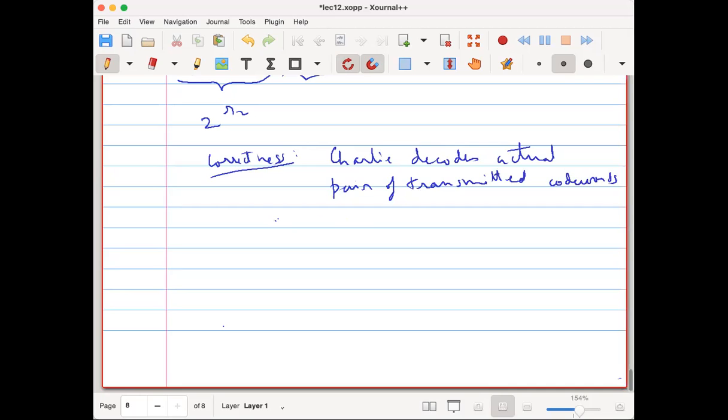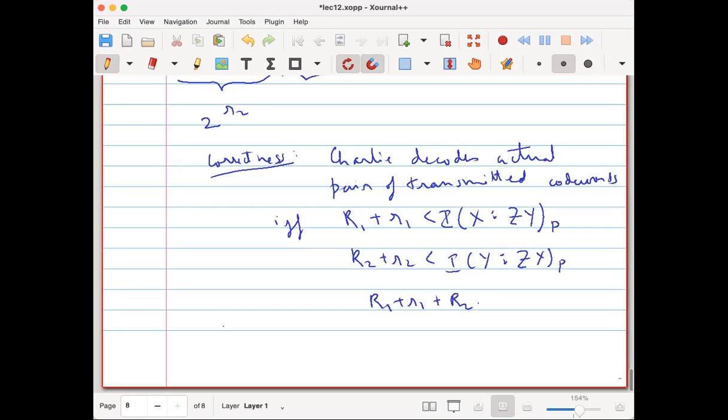So the constraints on the rates we know from what we did in the last class. R1 plus R2 is less than the mutual information of X with ZY under P. For the correctness part, we're just ignoring Eve and applying what we had studied in the last class.